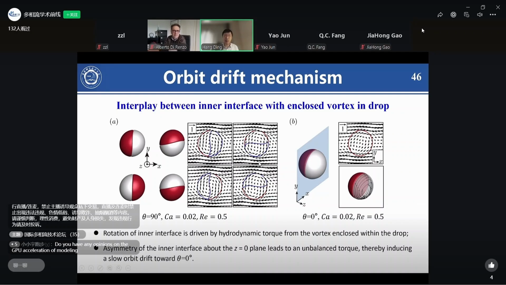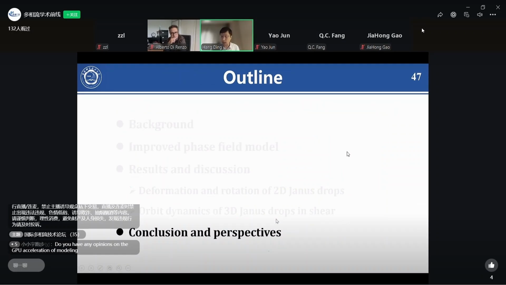Such a balance will drive this interface to the other direction. That means theta 0 equals 0 in this way. Until the zeta equals 0 plane coincides with this inner interface, then the total torque would be balanced. So then it will reach the final state, which is the lowest orbit of this Janus droplet. Okay, so that's the explanation.